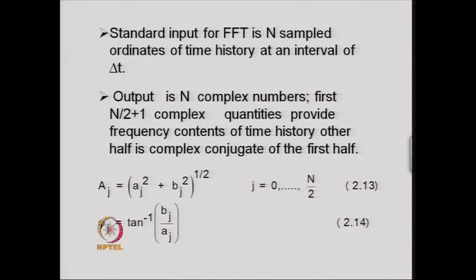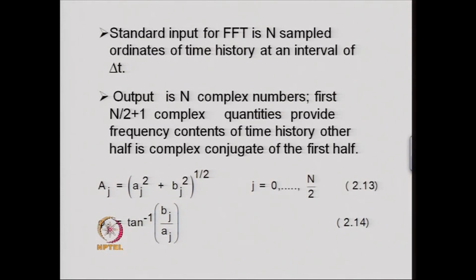So, this is the amplitude associated with frequency omega n, and the phase angle phi j is given as tan inverse Bj by Aj, where Bj is the imaginary component and Aj is the real component.